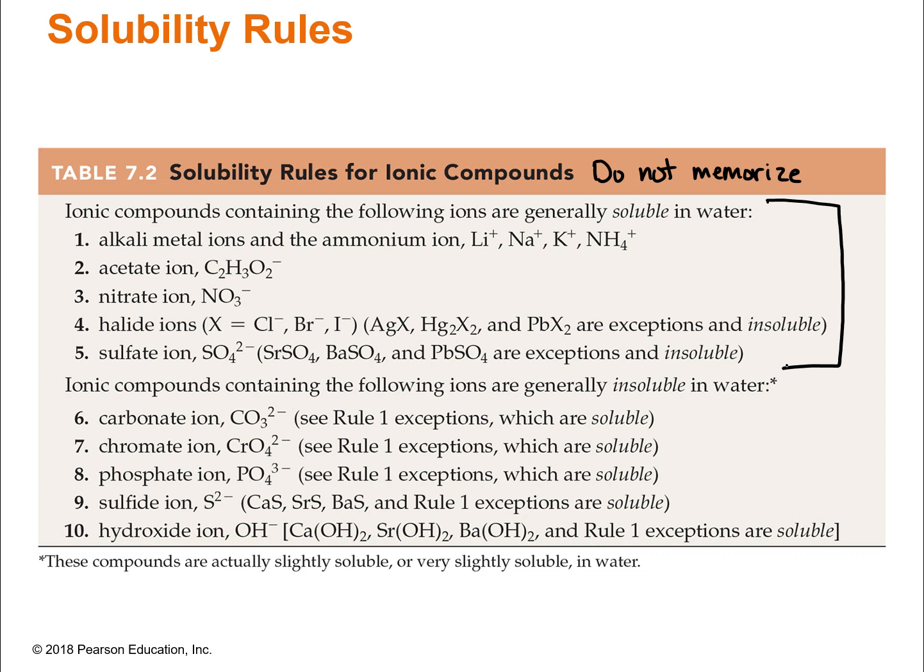The first half, 1 through 5, describes things that are soluble. So if you have alkali metal ions, which is group 1A, or the ammonium ion, anything with that is going to be soluble. Acetate ion, nitrate, the halides, those things are soluble.